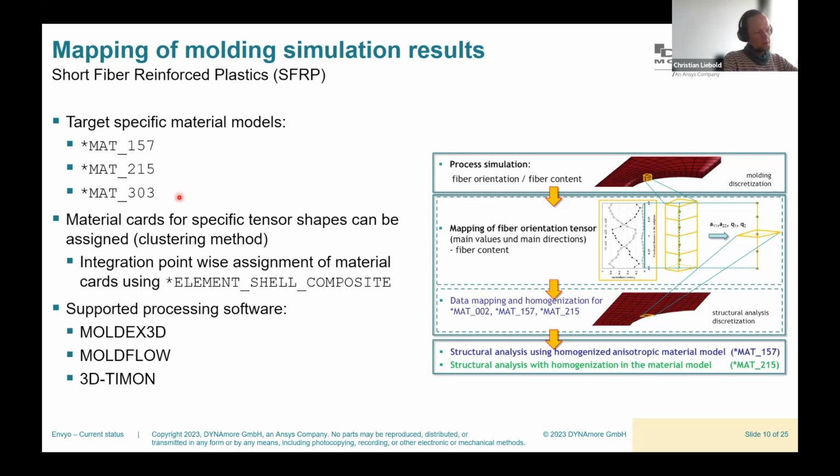And the material model itself has been trained using representative volume elements. And you will need a program. LS-PrePost can do it as well, but we can also do it with ENVYO, which transfers the orientation tensor from any of the below listed molding simulation software result data towards your structural model.